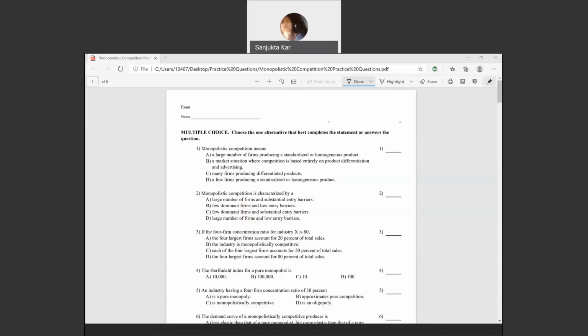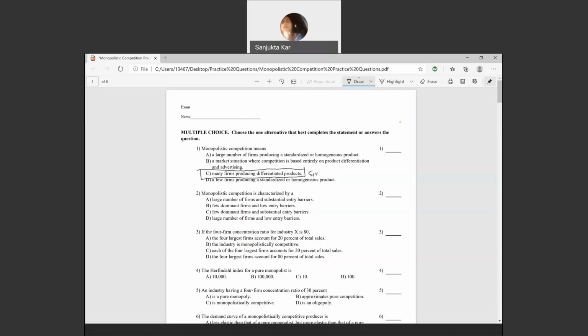Hey everyone, let's look at the monopolistic competition practice questions. Question number 1, monopolistic competition means we have 4 choices. The answer is going to be C, many firms producing differentiated products.